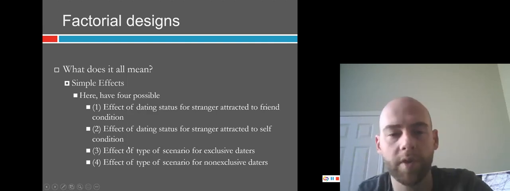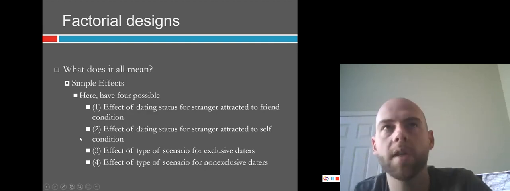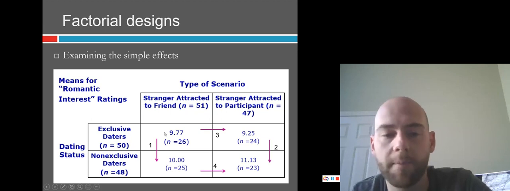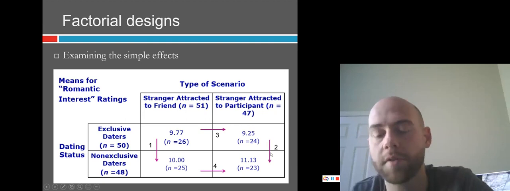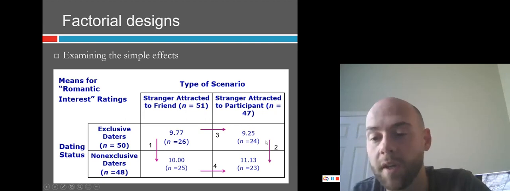So these 4 different comparisons, you can represent them as maybe arrows or lines on that 2x2 space. The effect of dating status for all of the people in the stranger attracted to friend condition is this comparison here, number 1. The effect of dating status for people in the stranger attracted to participant condition is represented here with the second line, comparing these 2 boxes.